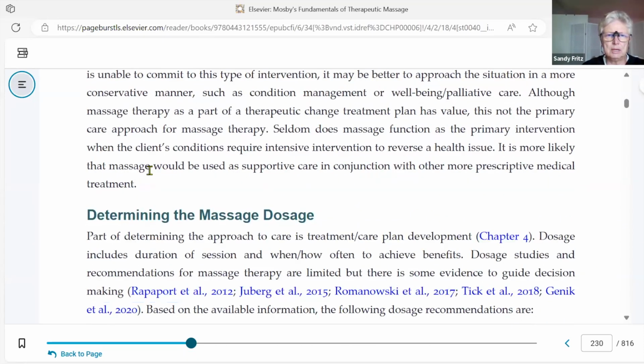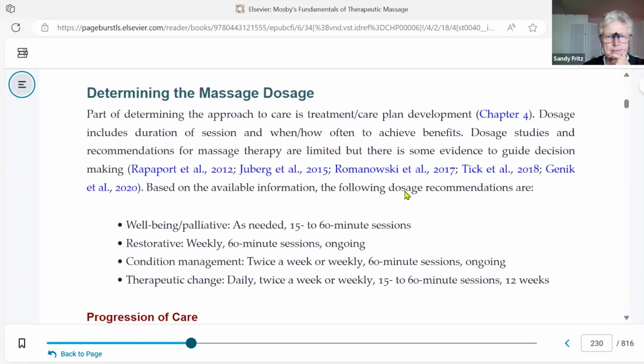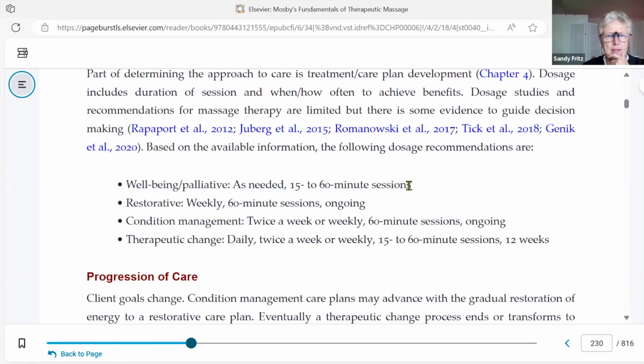And then down here in the dosage area, there is some research that can give us some ideas on this. And based on this research, here are some recommendations that you would think about in terms of how you would create a treatment plan process for a client.